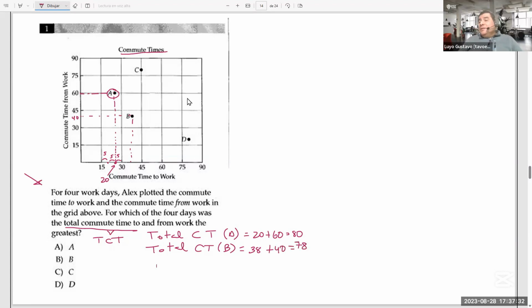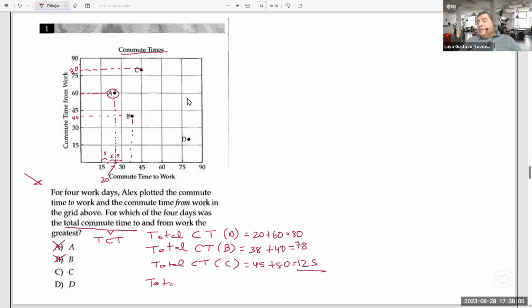So we need to check the other two. The total commute time for C: the time to work is 45, and for time from work, it's about here, like 1/3, so here is like 80, more or less. So this is 125. Definitely we can cross out these two options because neither of them is even close to this value.